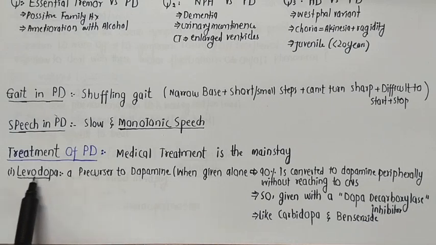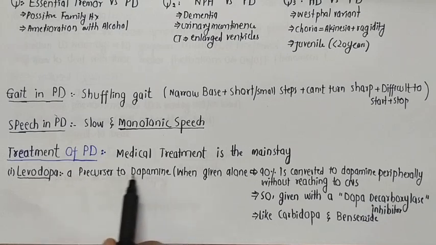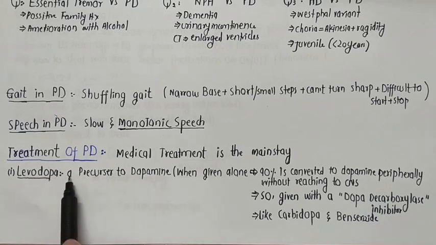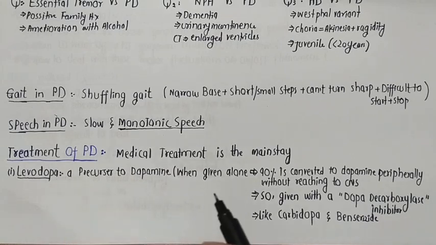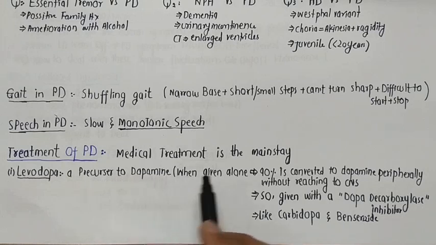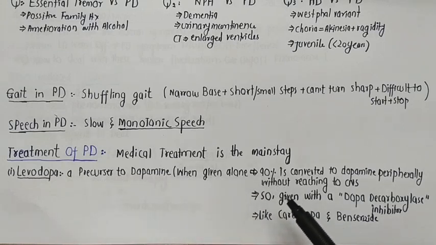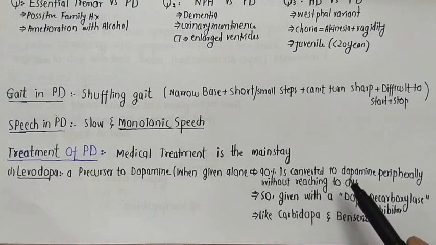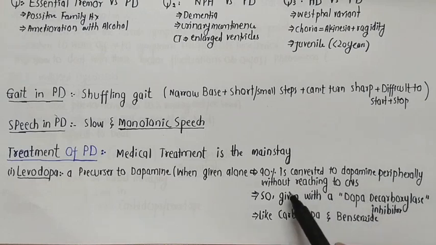It will get into the central nervous system and there it will be converted into dopamine. But when given alone, 90% is converted to dopamine peripherally, in the blood vessels and the GI tract, without reaching the central nervous system.